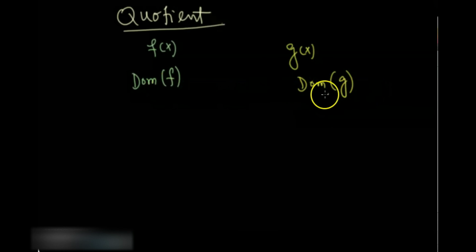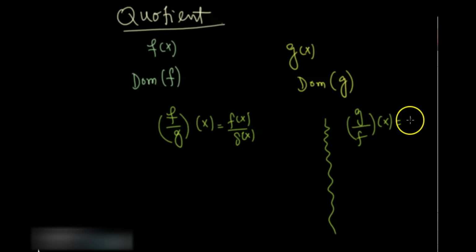Next, you can define their quotient f over g of x, which is equal to f of x over g of x. And you can also define g over f of x, which is g of x divided by f of x.